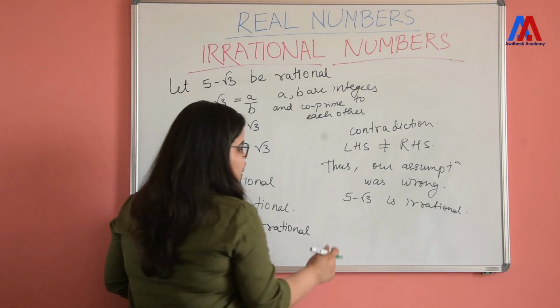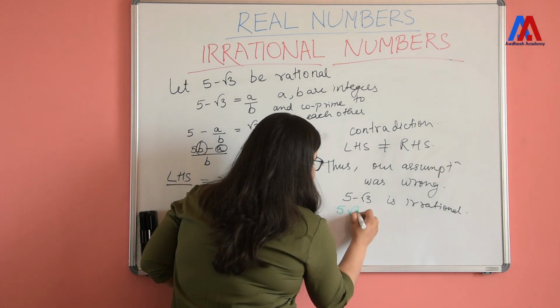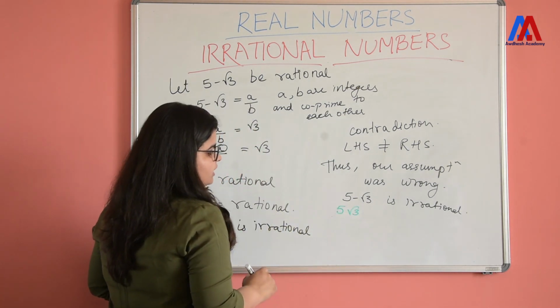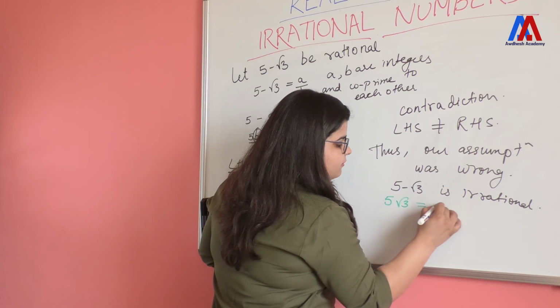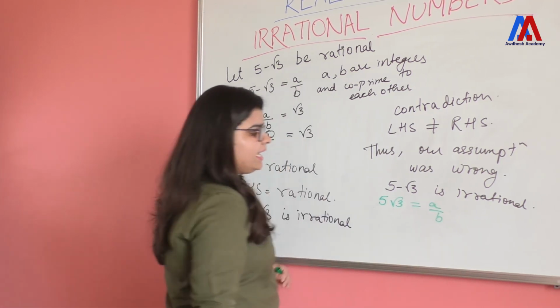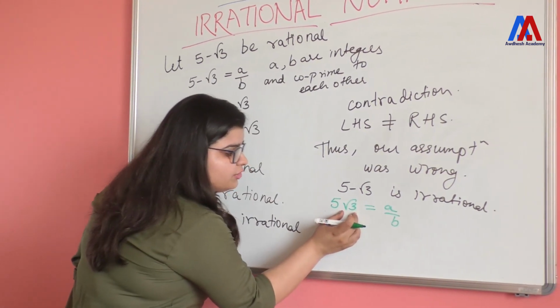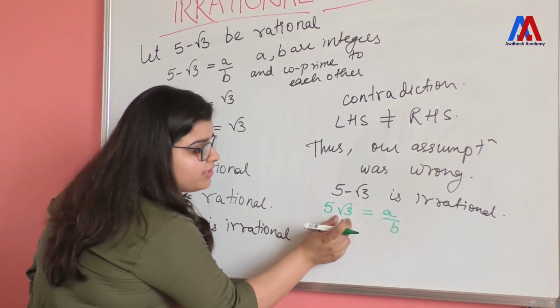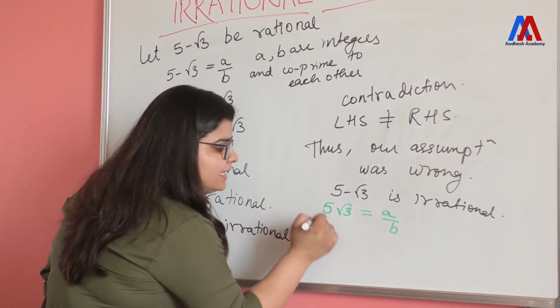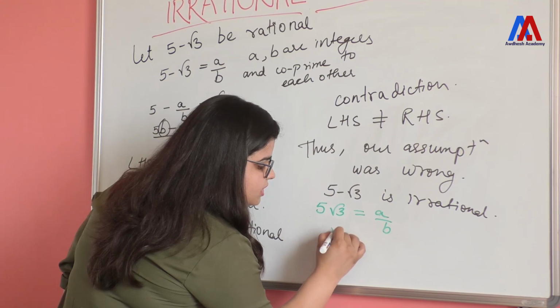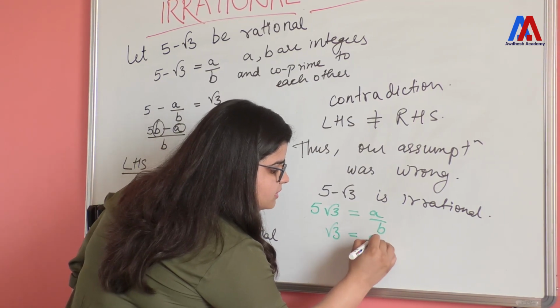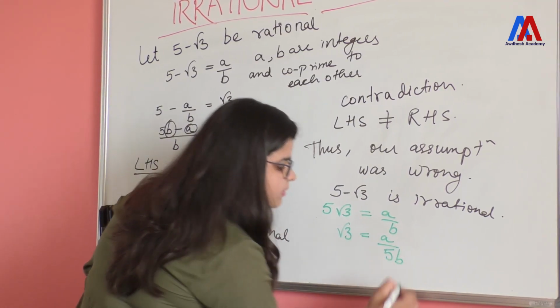Like suppose you had 5 root 3 instead of 5 minus root 3, so you will first let it be a by b and then you will let the root part be here, that is the irrational part on one side, and take the 5 on the other side. So we will get root 3 equals a by 5b.